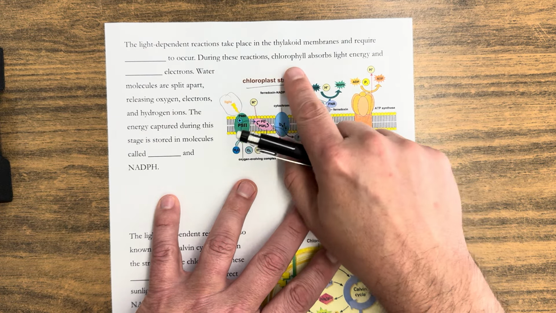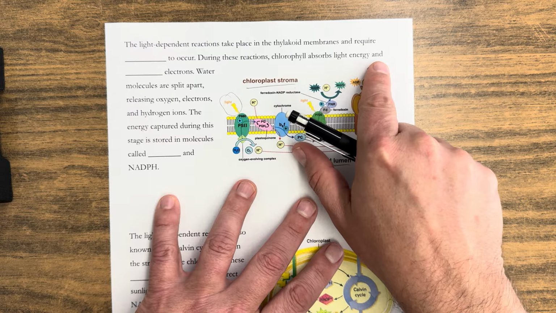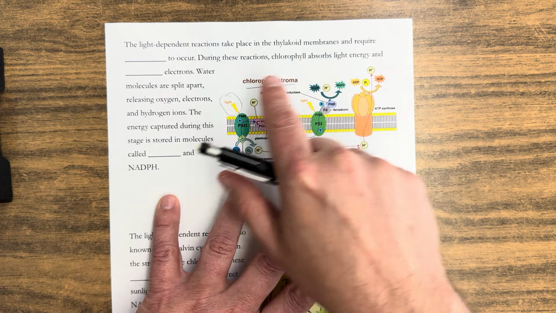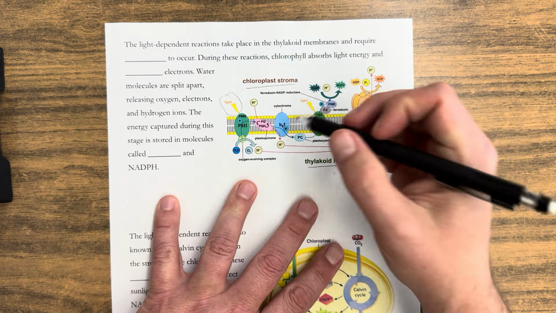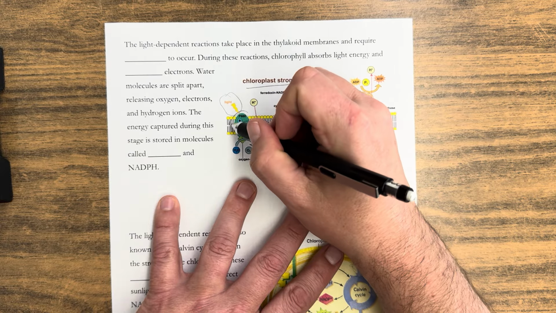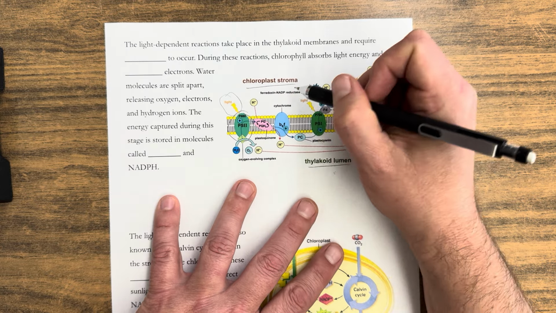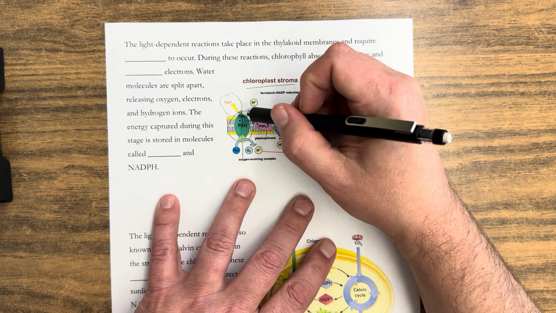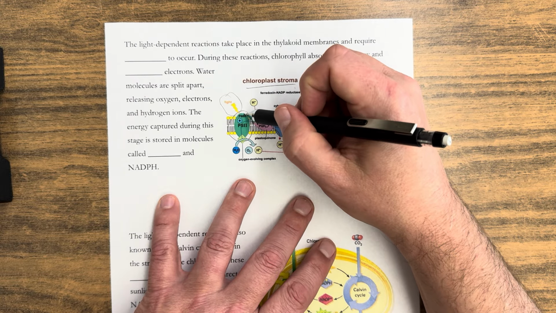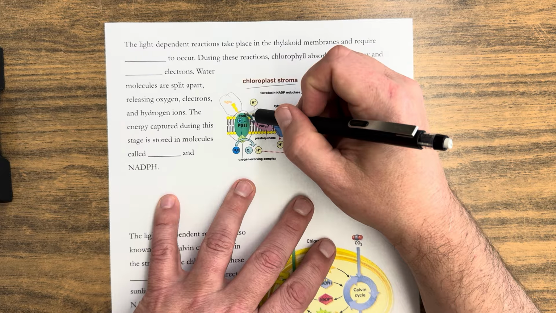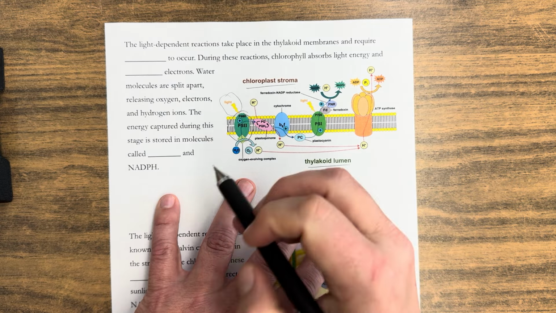During these reactions, chlorophyll absorbs light energy and excites electrons, which is happening right there. And you can see the electrons, that e negative. So light comes in. At the chlorophyll, it's going to excite electrons.